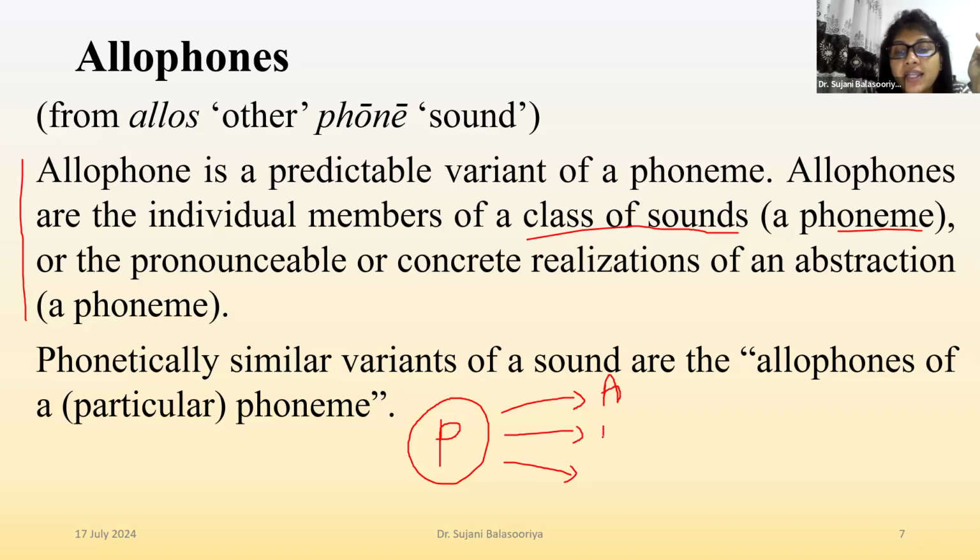I will write the letter A for allophone. Phoneme is the large family, and within that family we have different members, because two members are never the same. In whatever family, even if there are twins, each and every member can be identified as allophones.